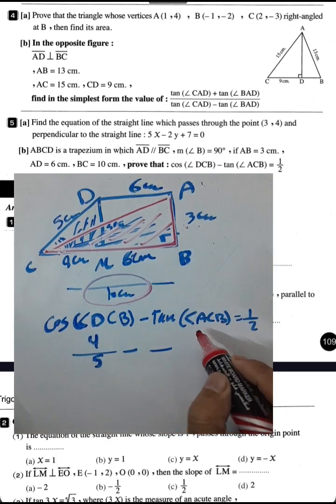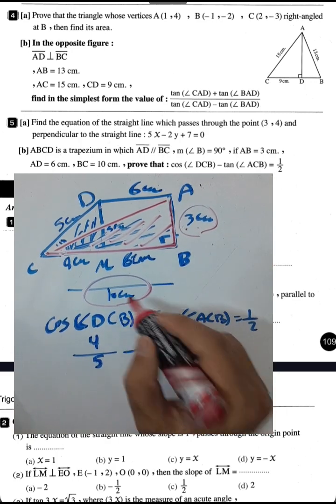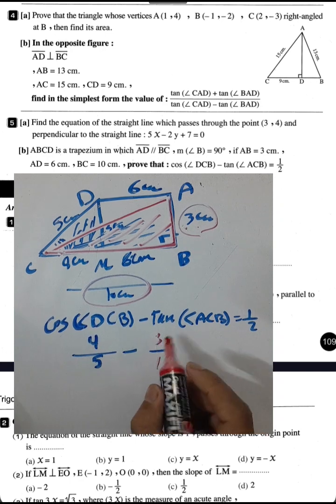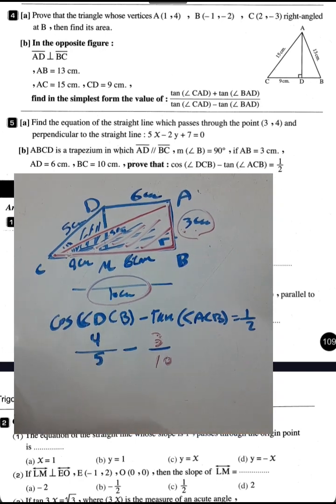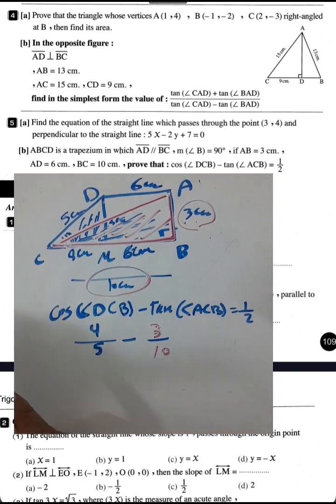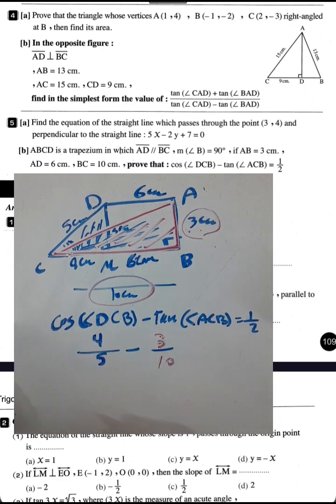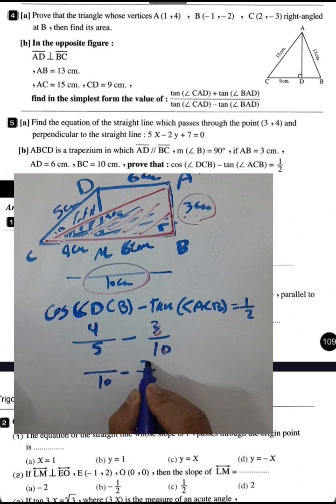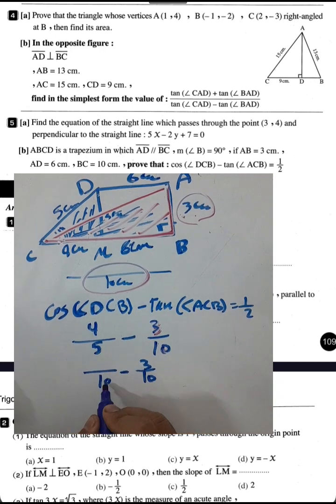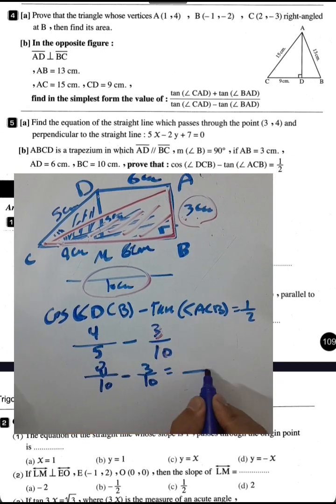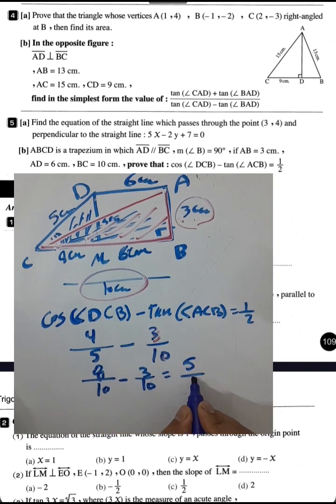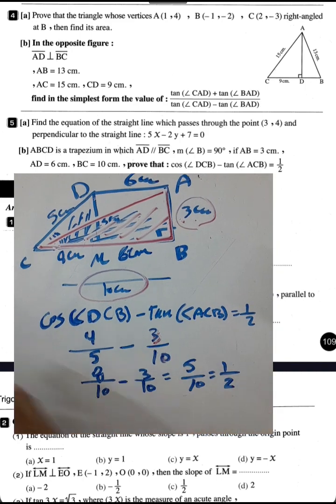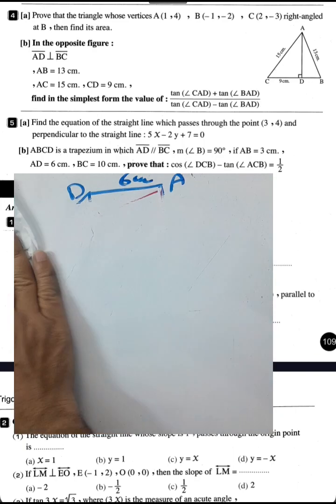He wants to find tan, opposite over adjacent, 3 over 10. And then you can write the least common multiple of the two denominators here. Write 10 here. 2 times 5 equals 10. 2 times 4 equals 8. The difference between them, 5 over 10, will be 1 over 2. Okay, understood?